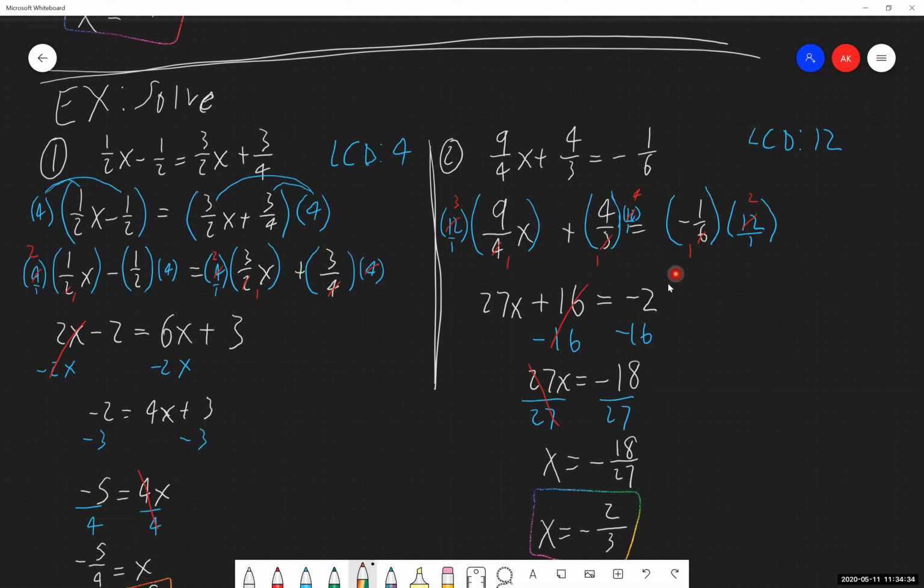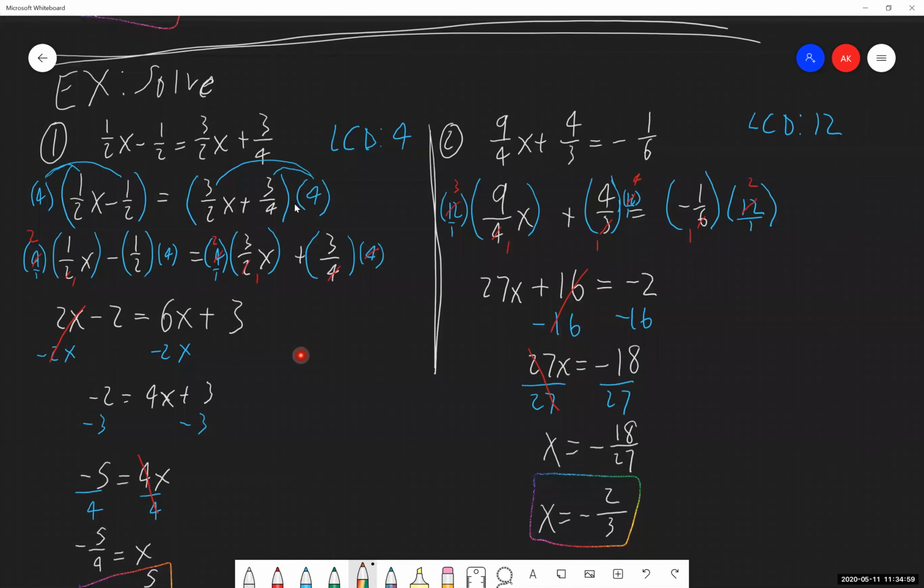But a lot of people try and do this second line of work over here and then mess up. Oh, I canceled this part out there, and then I canceled some different thing out someplace else, and work gets all over the place, and we lose track of it. Numbers get thrown around, errors happen, and the answer is then wrong. So be very, very deliberate with what you are doing from your first step as you're eliminating these fractions.